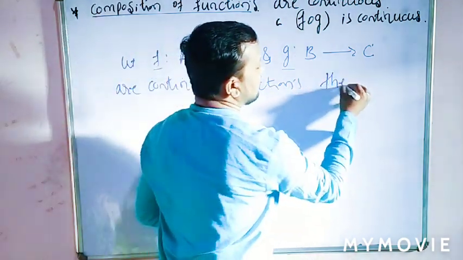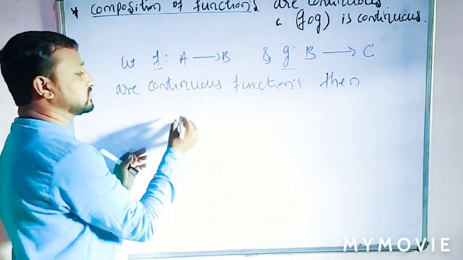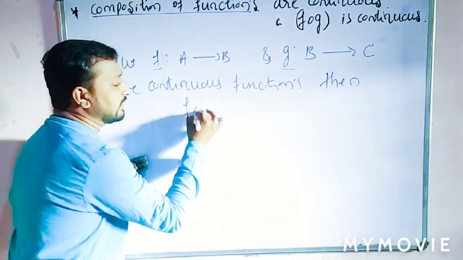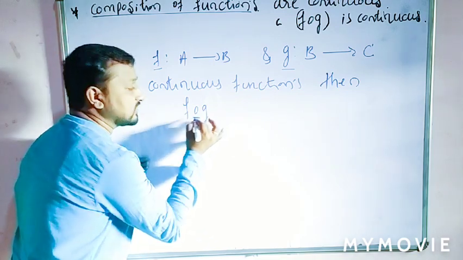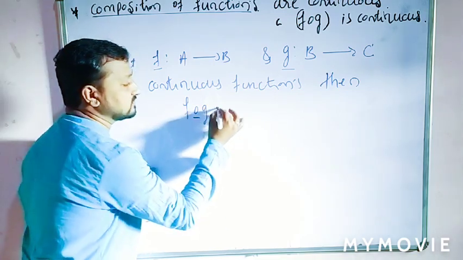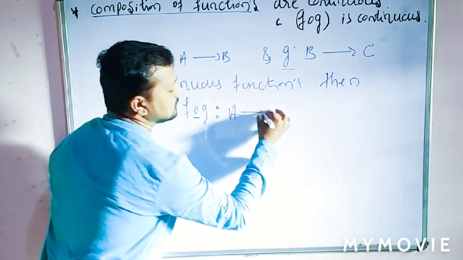Then the composition of the functions should be defined as f composition g, that is f o g, from A to C.